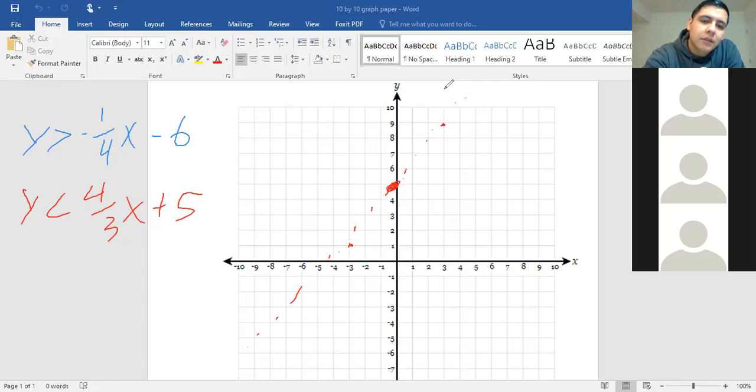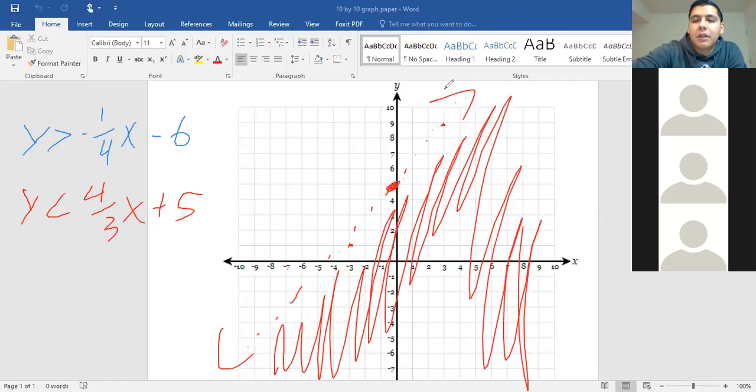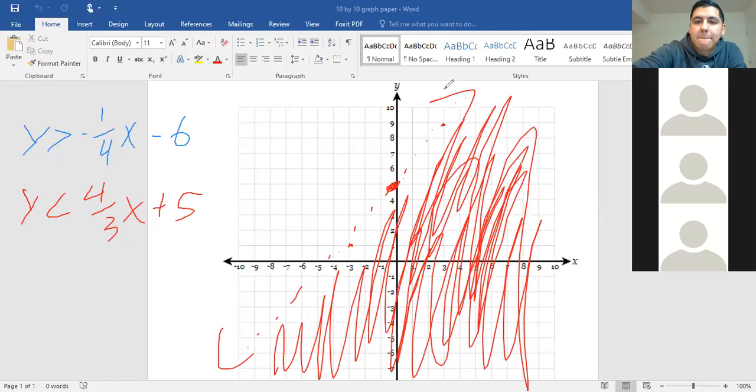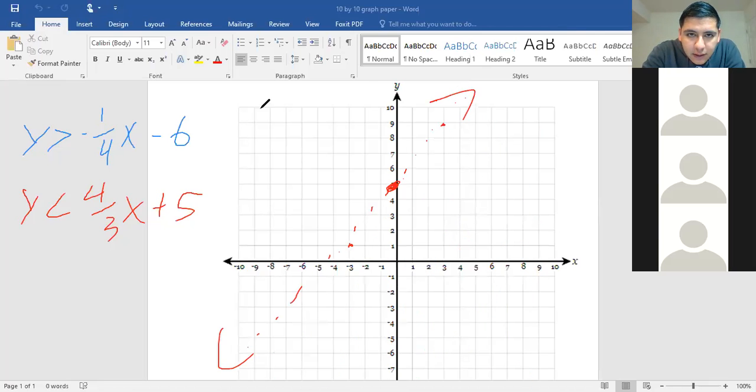It ends up looking something like 1, 2, 3, 4, 1, 2, 3, somewhere around here, like that. It's a little crazy, but there we go. Something like that. And then the shading for this one should go on the bottom, so it should go all over here. Okay. Before I actually do the shading though, let's do the blue.